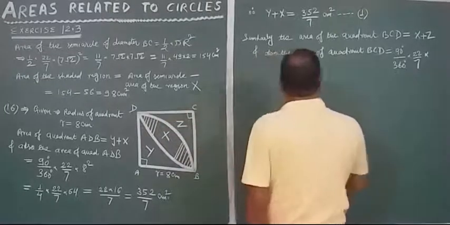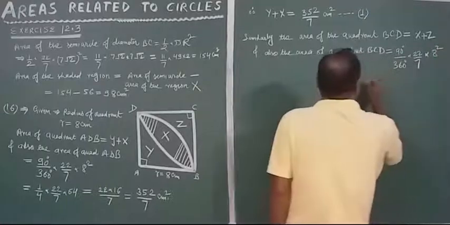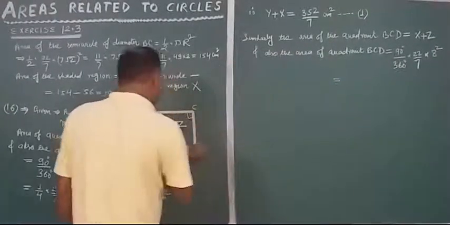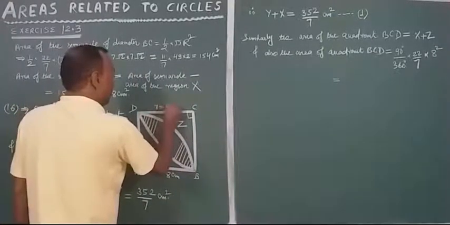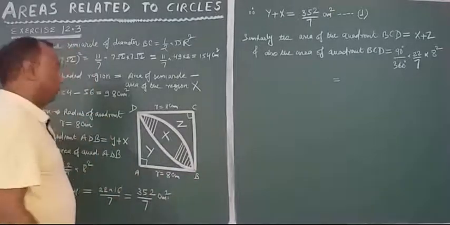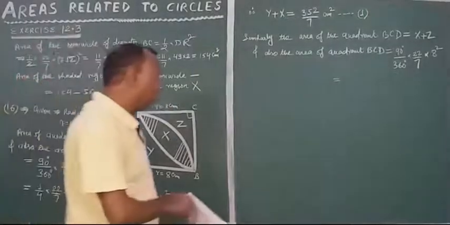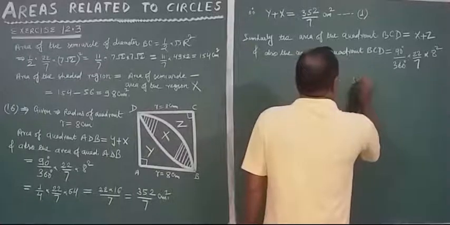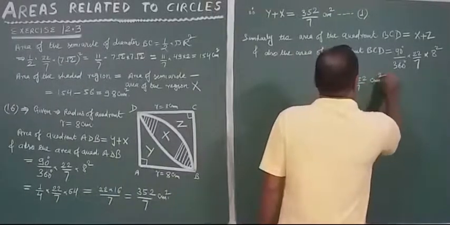How much? 8 square. Again it is given that this is another quadrant of radius 8 centimeter. So same calculation, 90 upon 360 into 22 upon 7 into 8 square. What you will get? Same thing, 352 upon 7 centimeter square.